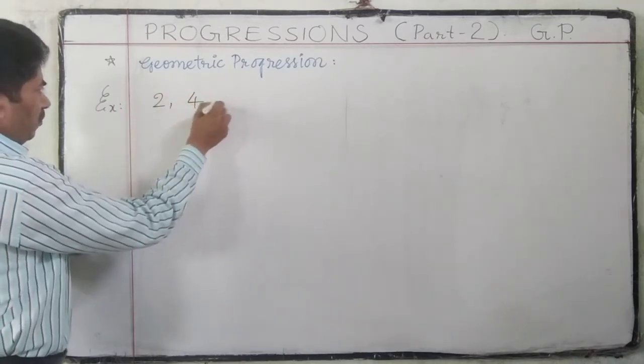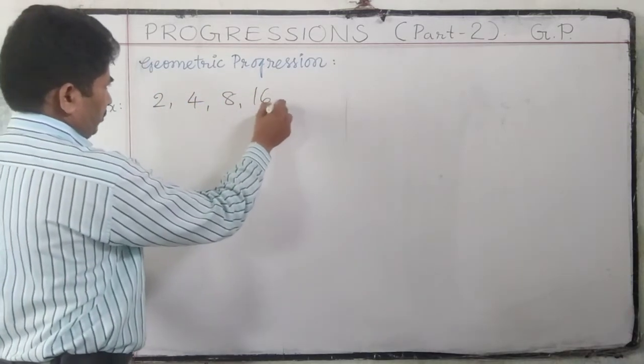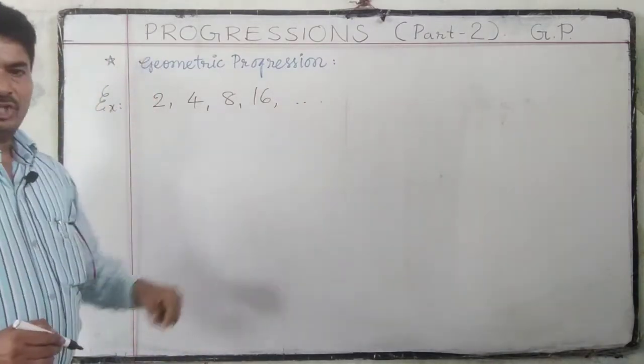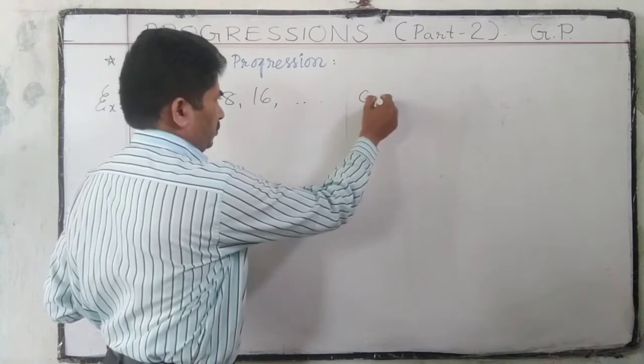2, 4, 8, 16 and so on. So this is a geometric progression, GP.